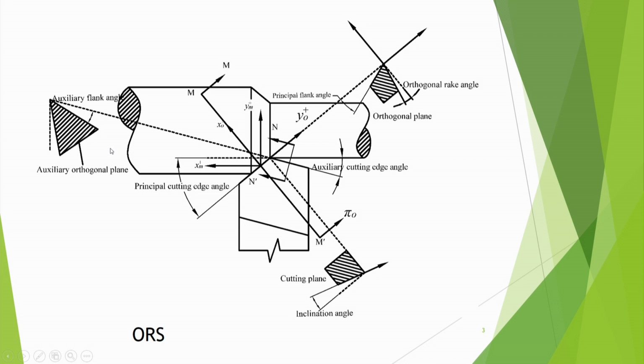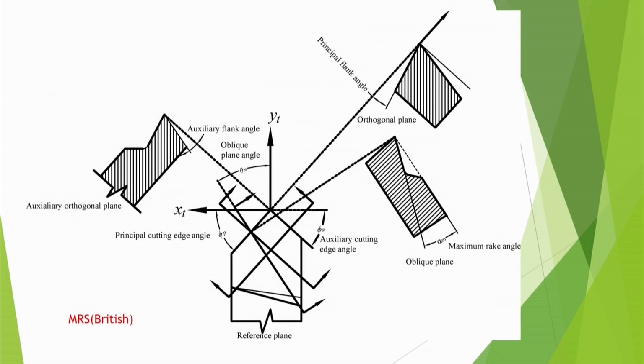That is also part of ORS nomenclature, orthogonal rake system. It is also called the continental system. Then we have the British system, that is called maximum rake angle.